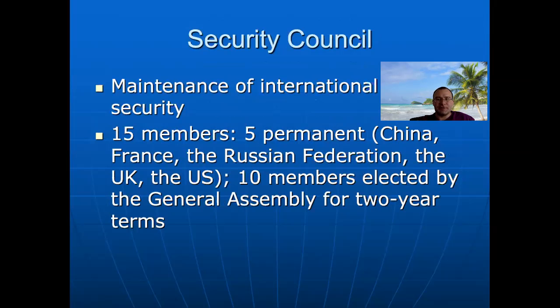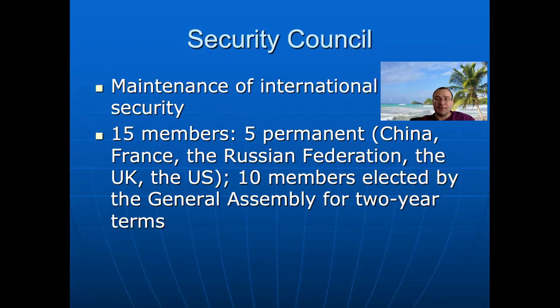The Security Council is the most important organization within the United Nations. There are 5 permanent members, victors in World War II: United States, Soviet Union, now Russia, UK, France, and China. If one of those countries doesn't agree with a particular decision, the Security Council does not make a decision. So for the most part, the Security Council makes no decisions.